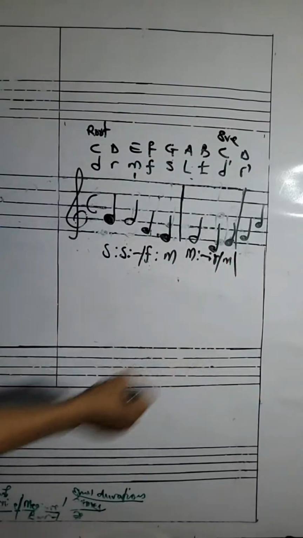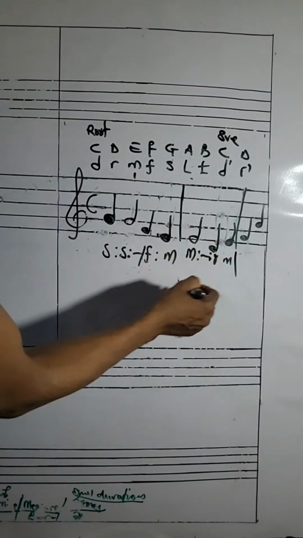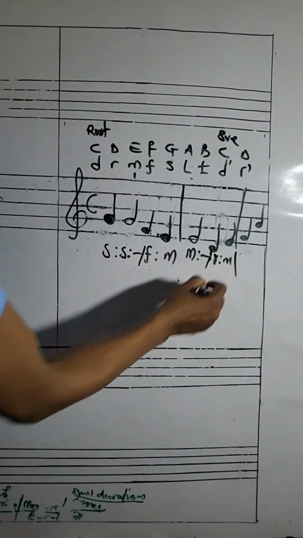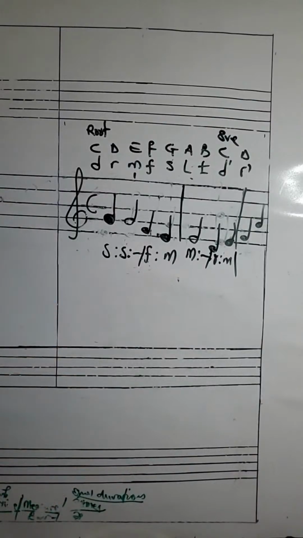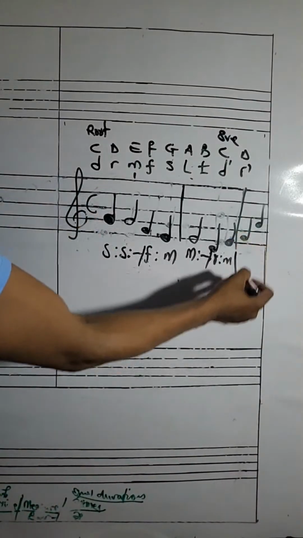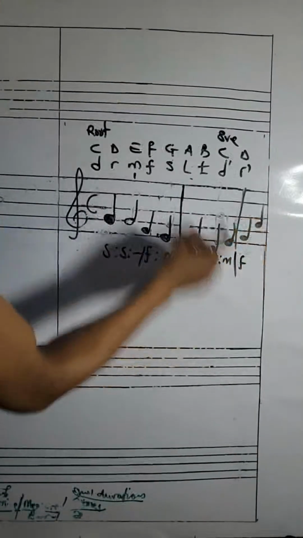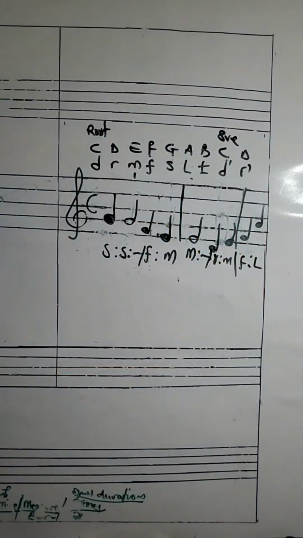Then I also have here, this is not correct. Then I'll have here my F again, which is my fa, and my A. What is my A? La. So you already have it there. Now you can sing it.